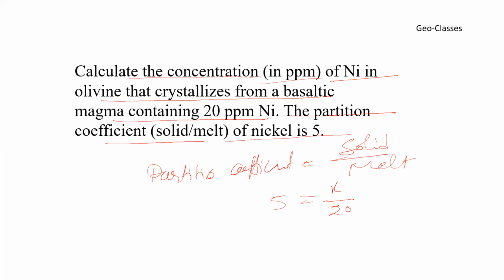Now the partition coefficient is given here as 5, so x will be 100. Is it clear? Crystallizes means it is being solidified. Nickel is trying to crystallize with olivine because it has covalence and association with it. Is it clear?